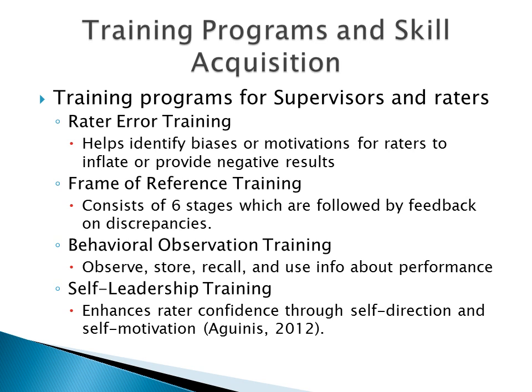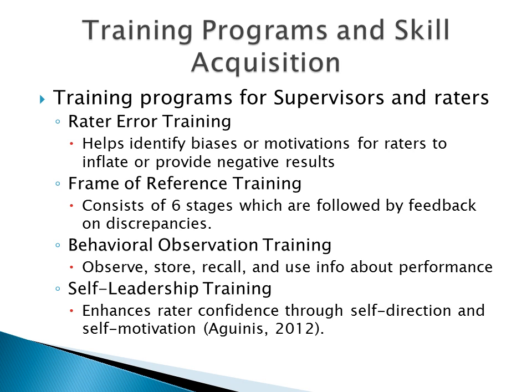So throughout the performance management and measurement systems, there needs to be appropriate training for the raters. These supervisors and raters can go through rater error training, which can help identify biases or motivations for raters to inflate or provide negative results for employees. There's also frame of reference training, which consists of 6 stages, followed by feedback on discrepancies with rating.